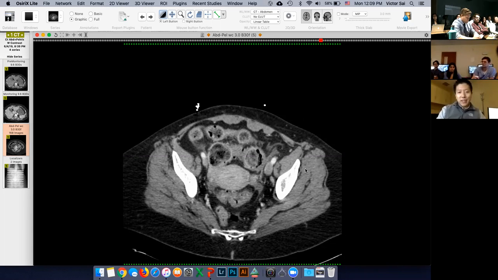We mentioned distribution, so if you have watershed zones, you think more like ischemia, but are there other CT findings that would help us lean towards ischemia versus infection?